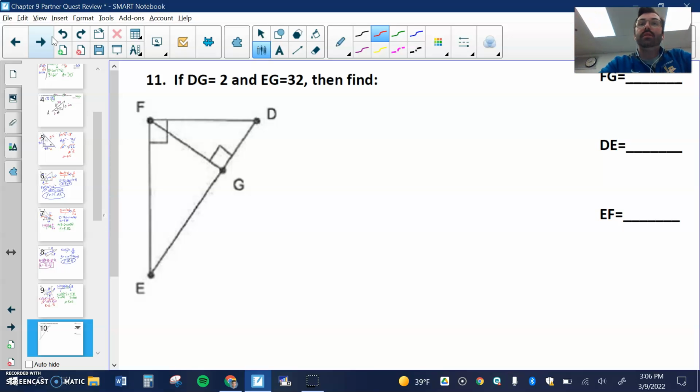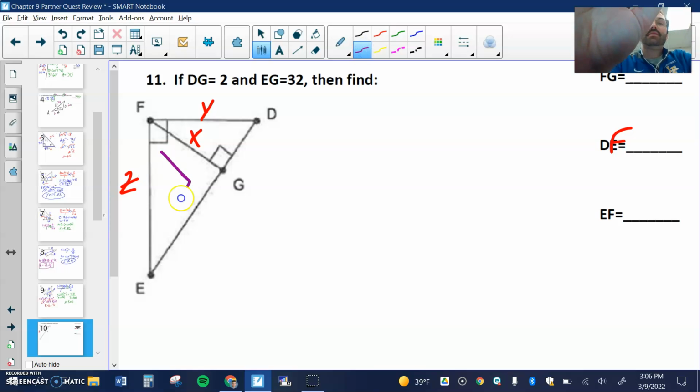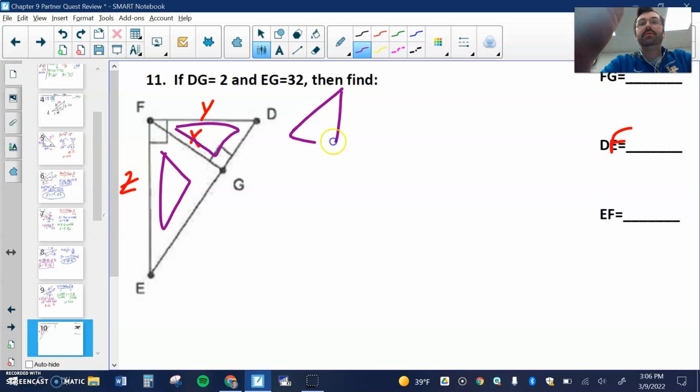Yikes. Here we go. This is supposed to say DF. All right, so I'm going to call this X, Y, and Z. I want to find X first. So I got the small and the medium triangle. So I know this is 32 and this is 2, so I have 32 and X and 2.